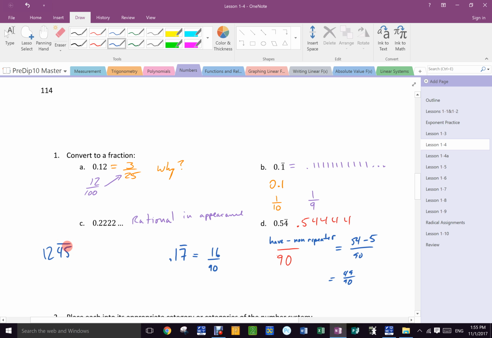How many repeaters do I have there? 4 and 5, 2, right? So I need 2 9s. And this would be 1245 minus 12, which is 1233.